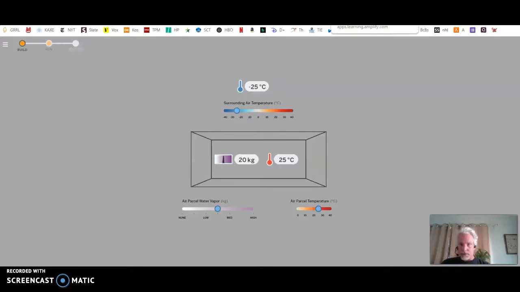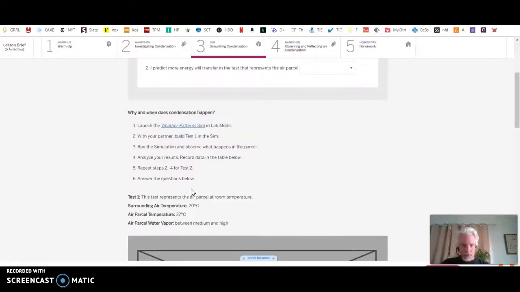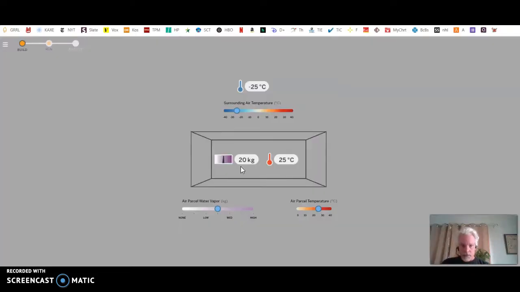You're going to have to bounce between screens here, but it says this first one where the surrounding air temperature is 20 represents the room temperature one, because 20 is room temperature. 37 degrees is body temperature. So we're going to set this up with 20 and 37, and water vapor between medium and high.